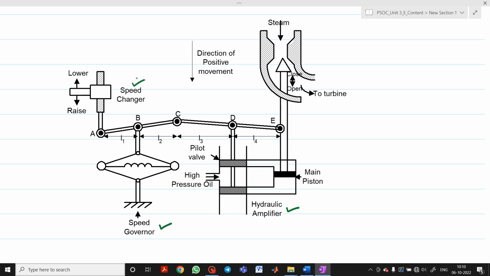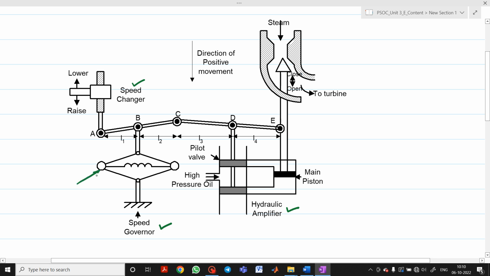The controllers are set for a particular operating condition and they take care of any small changes in the load demand without exceeding the frequency and the voltage above the prescribed limit. With the passage of time, as change in the load demand becomes large, the controllers must be reset either manually or automatically. So let's have a look at the first thing, which is a fly ball speed governor.